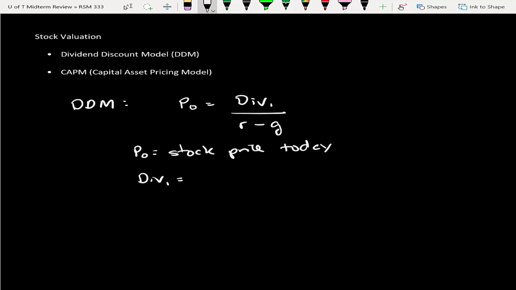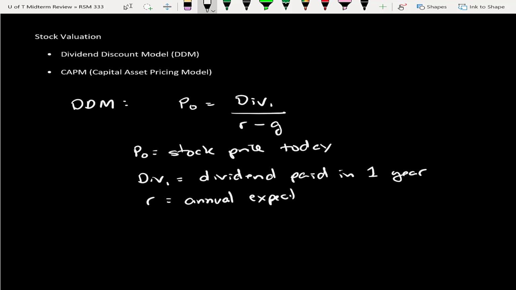Dividend 1 is the dividend paid in 1 year from today. R is the annual expected shareholder return, so this is really the cost of equity. And G is the annual growth rate.